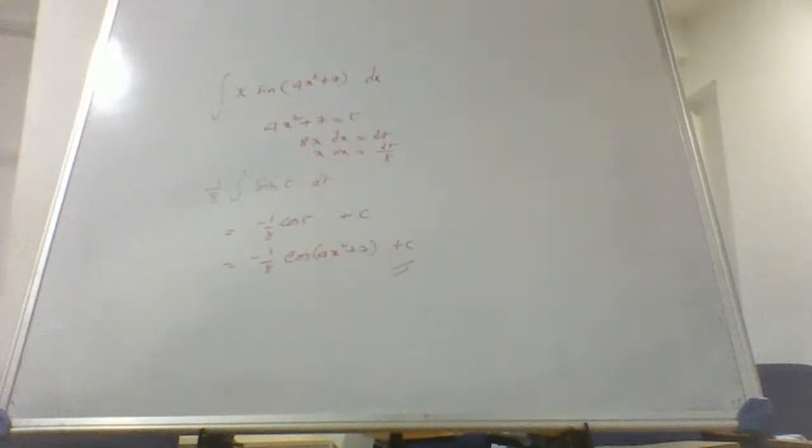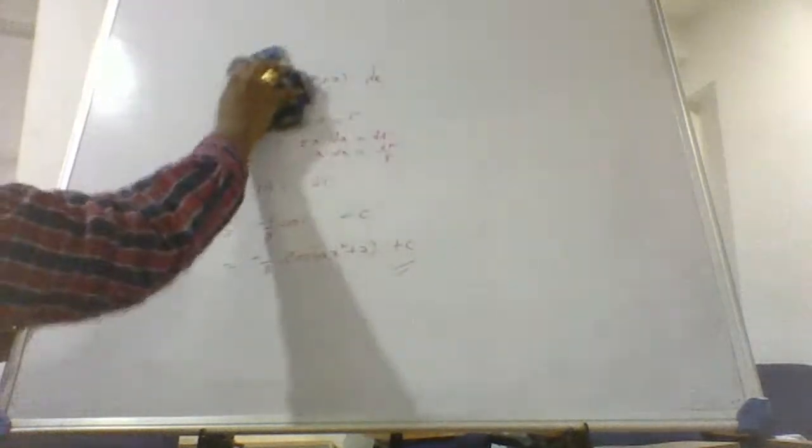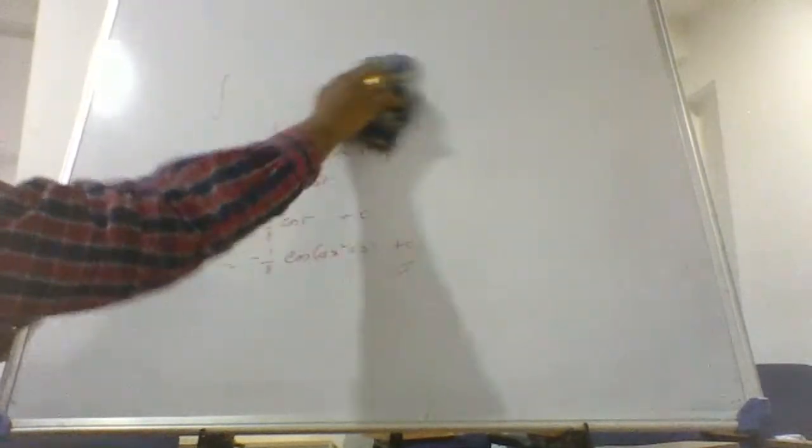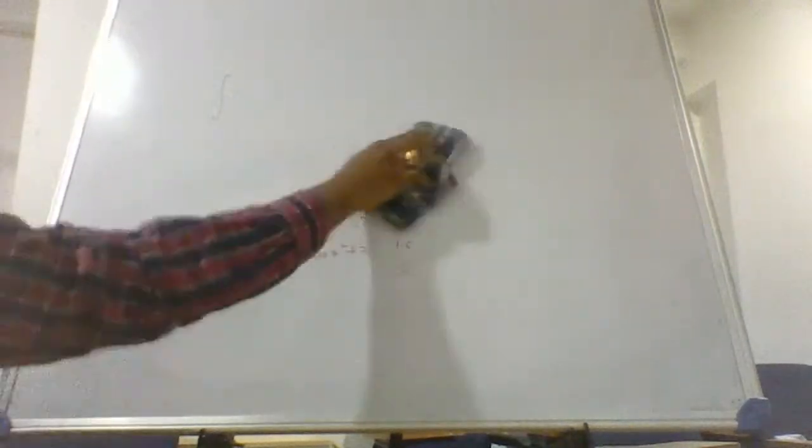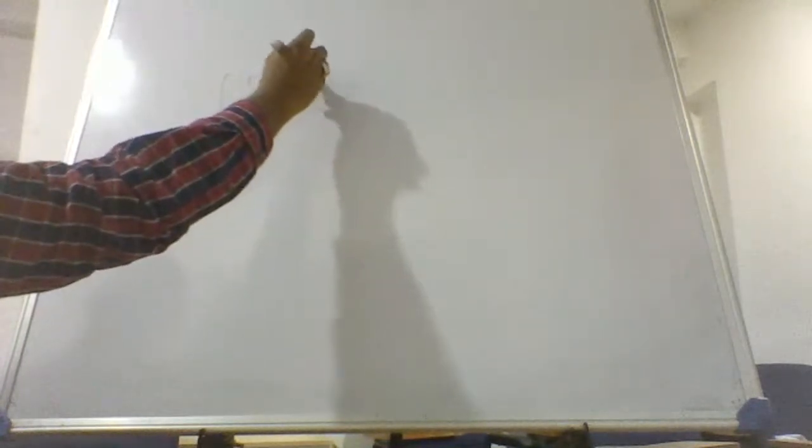Let me try to solve another problem. Suppose I have to solve the integration of (1 minus tan square x) divided by (1 plus tan square x), the whole thing dx.